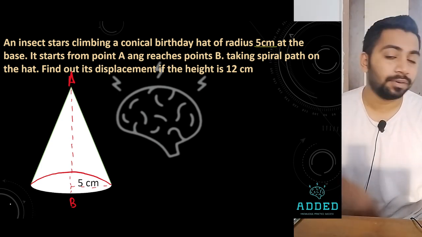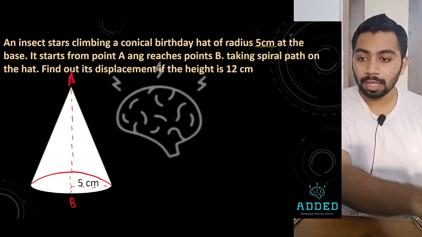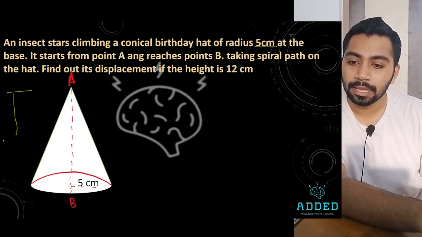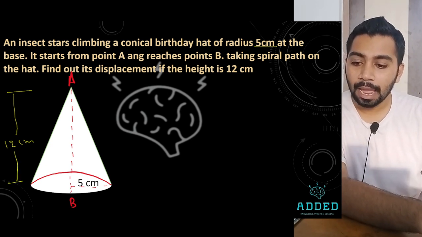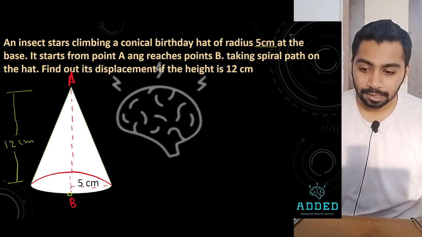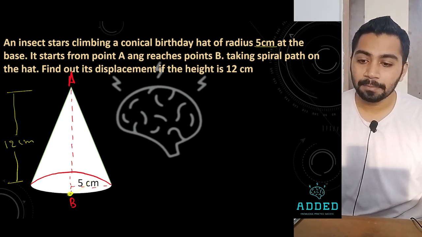Now, I know many of you didn't understand. See, there is a birthday cone, whose height is given as 12 centimeter, and radius is given as 5 centimeter. Now there is an insect here. It's taking a spiral path like this.